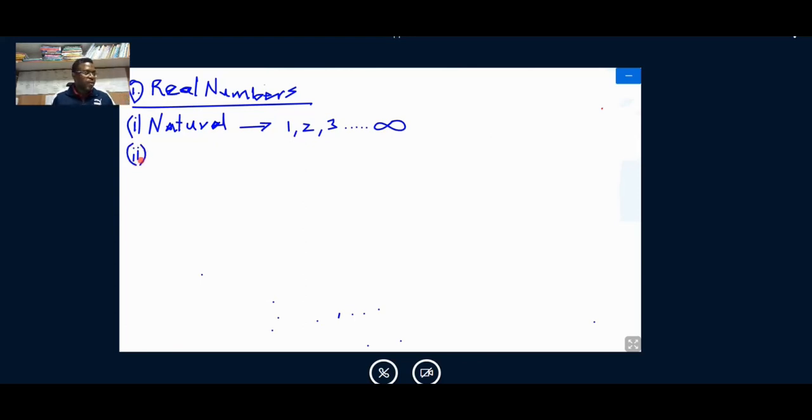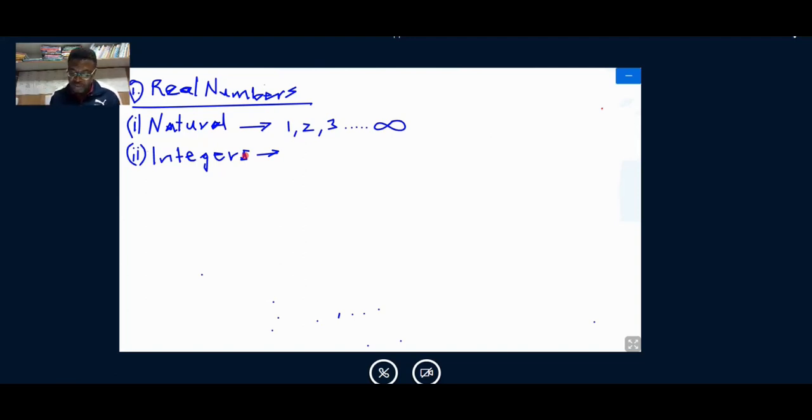Secondly, we are having integers. So integers are numbers starting from negative infinity to positive infinity, passing through 0, of course.